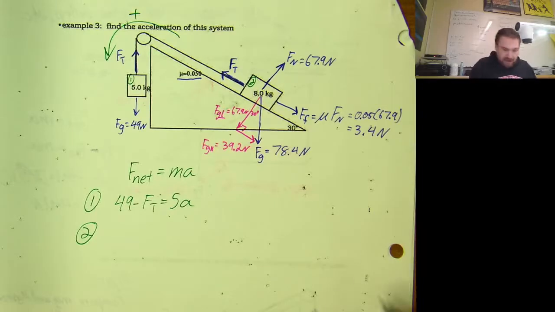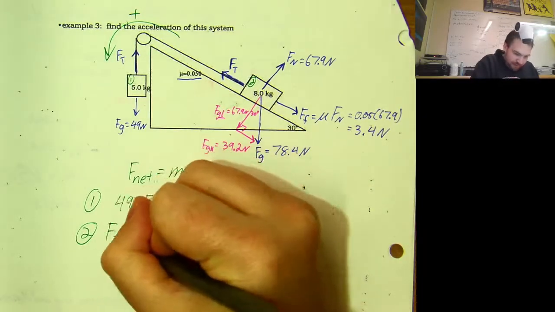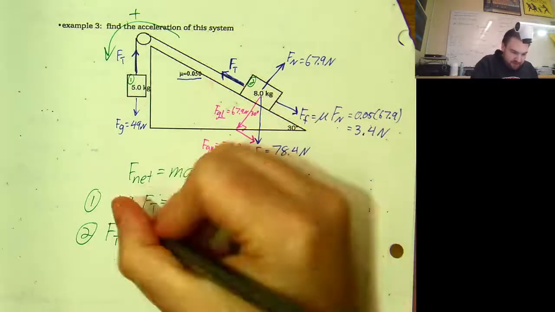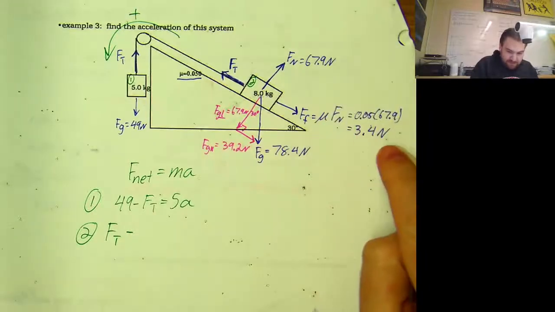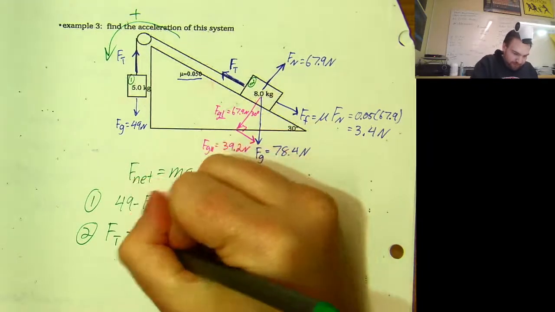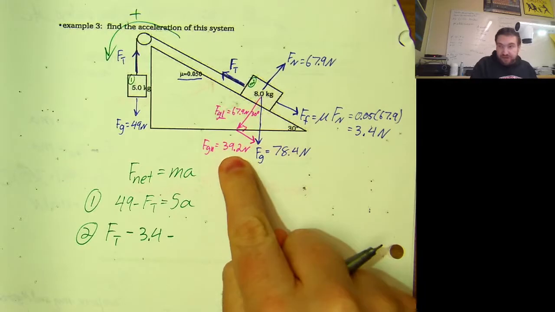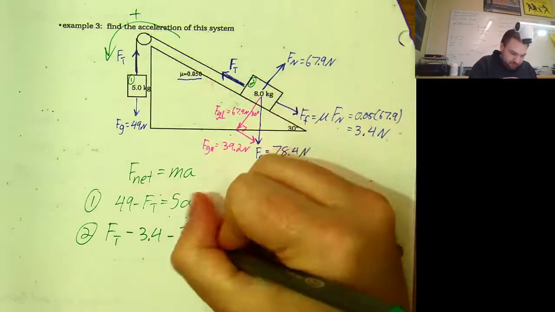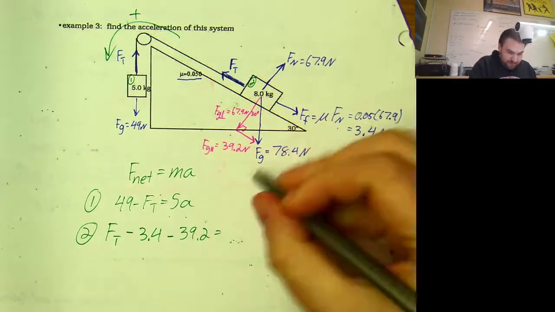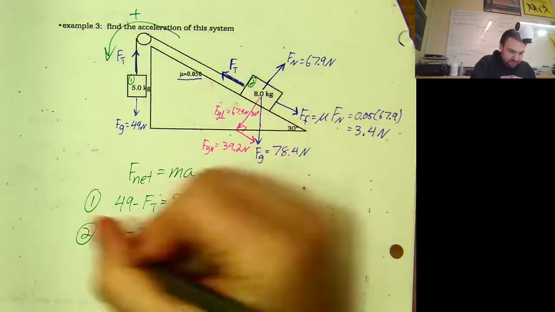Block 2, I'm going to have Ft acting positively, minus 3.4, minus 39.2, equals 8a.